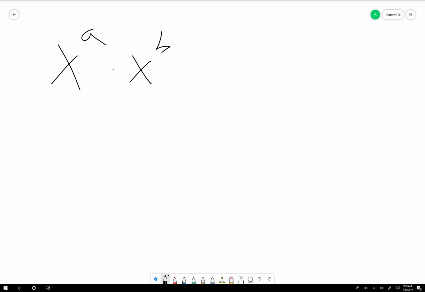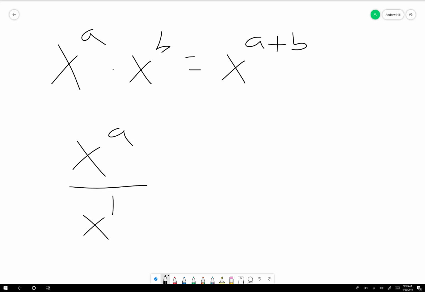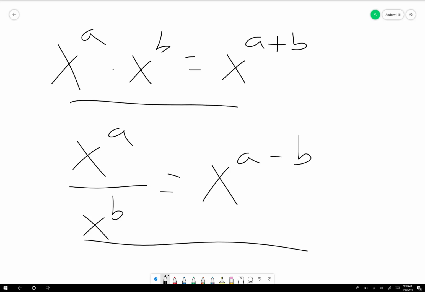A lot of times we might shorthand these rules by saying that if we have x to the a times x to the b, that's equivalent to x to the a plus b. But if we have x to the a divided by x to the b, then that's equivalent to x to the a minus b. So here are the two main rules that you've probably seen in the past if you've looked at how to evaluate exponents.